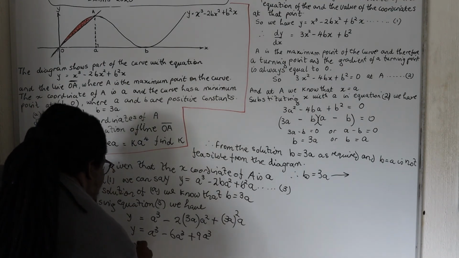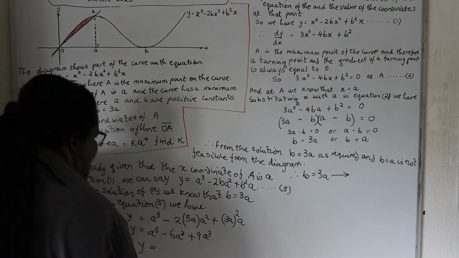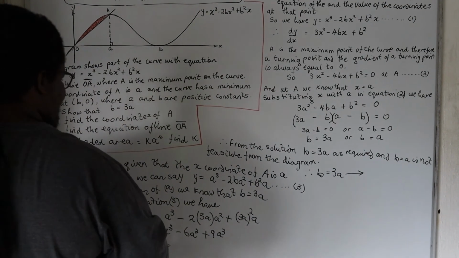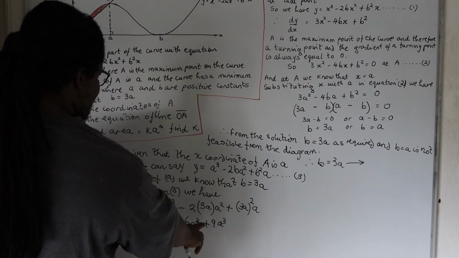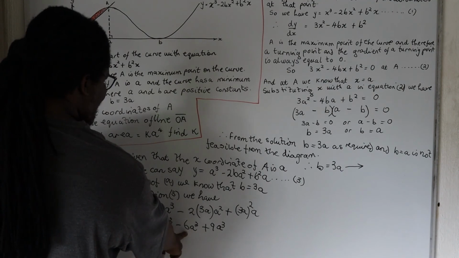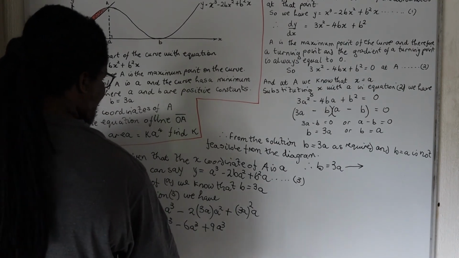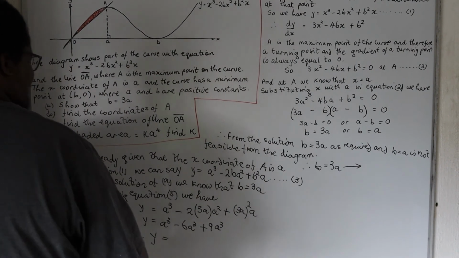So therefore y is equal to, that would be minus 5a cubed plus 9a, that gives us 4a cubed.